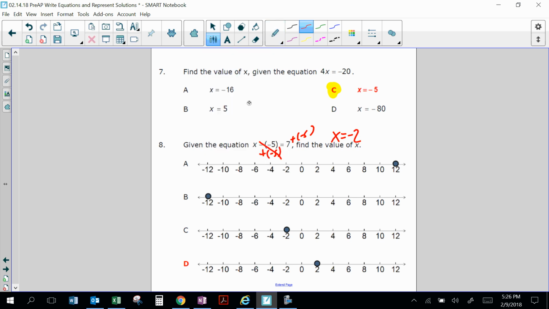So that means the answer is, oh, sorry, stop. 7 plus -5 is... x equals 2. So it's D. I knew I was wrong because when I was checking it in my brain, if I replace the x with a 2, 2 minus -5 is 7. The other one would not have been that.